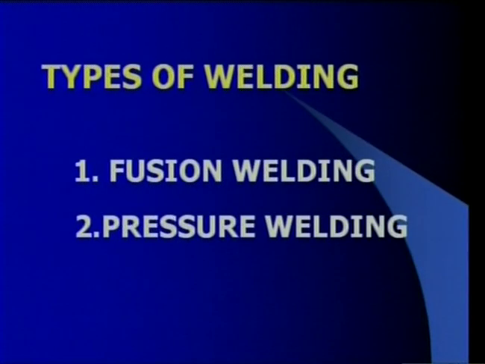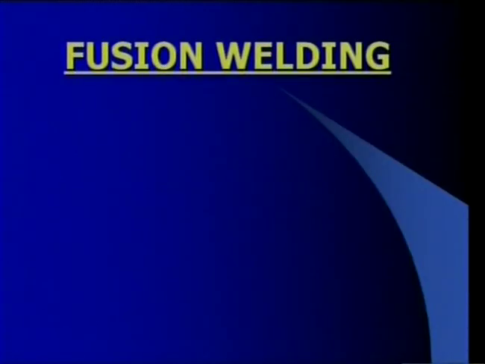So, let us see the different types of welding. All the welding processes are broadly classified into two major processes, fusion welding and pressure welding. Let us see fusion welding. Fusion is nothing but a melting process.